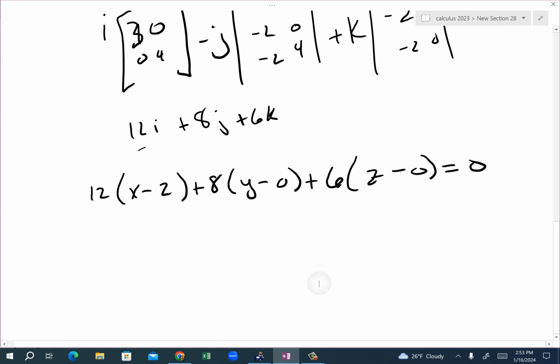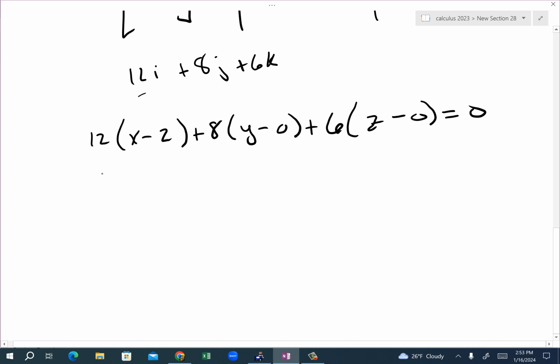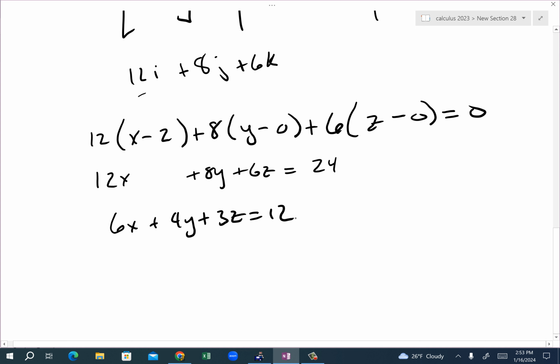It doesn't matter which one you pick, you'll get the same answer every time. 12x minus 24 plus 8y plus 6z equals 0. And if I add the 24 over there, I will get this one right here. But that looks different than the one we did a minute ago. Not so fast. Let's divide everybody by 2. Oh my word, it worked. That's right. Nice.